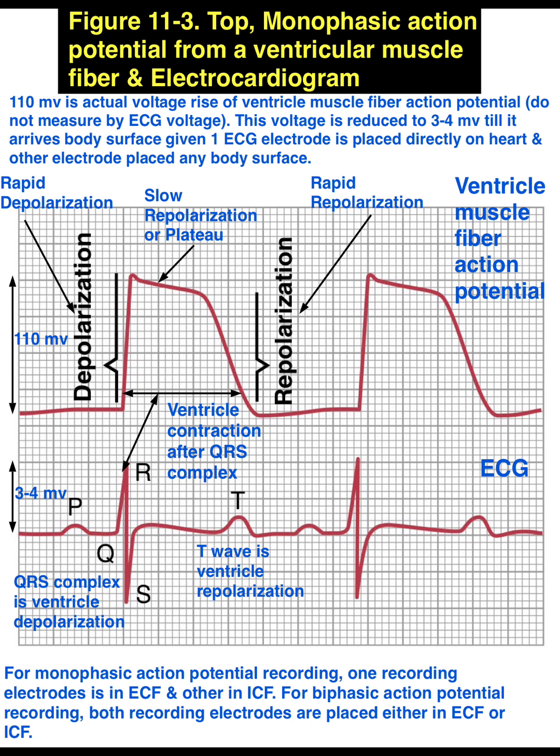The 110 millivolt action potential is a direct measurement in the ventricular muscle fiber, whereas the EKG is the measurement of the fraction of electricity that reaches the surface of the body. That is why the value is just 3 to 4 millivolts against 110 millivolts of the action potential of the ventricular muscle fiber.